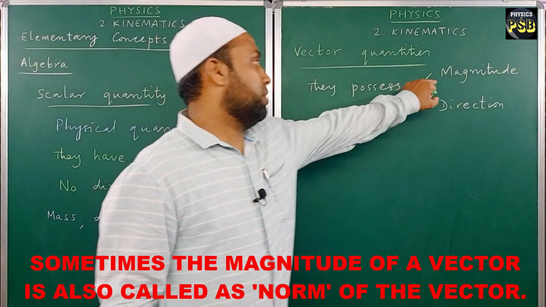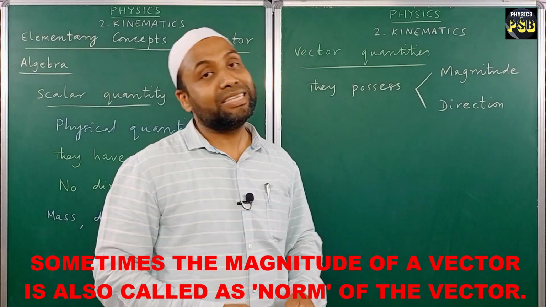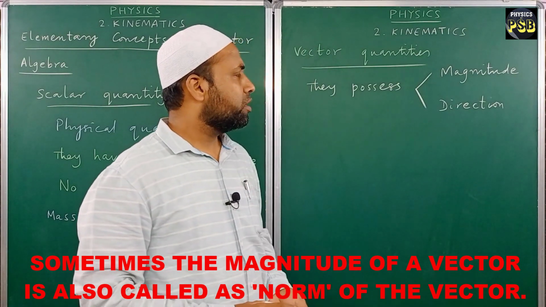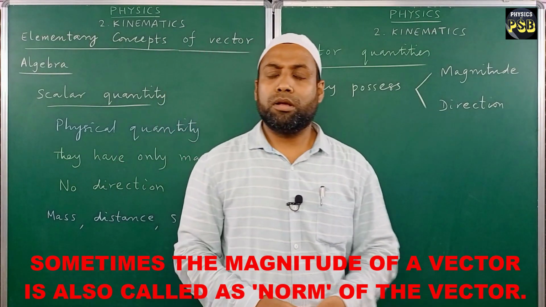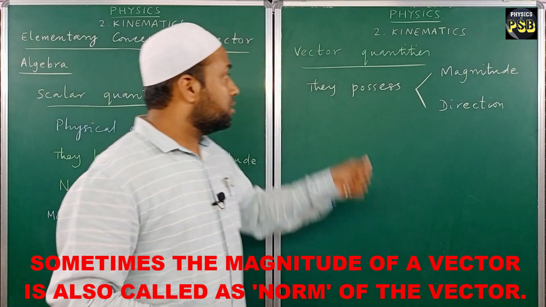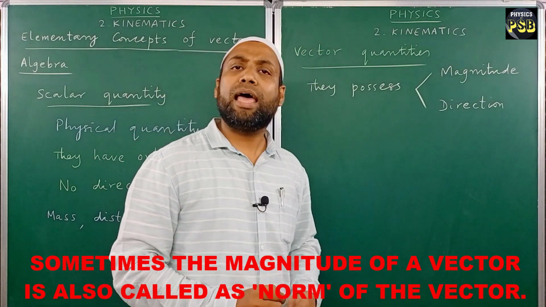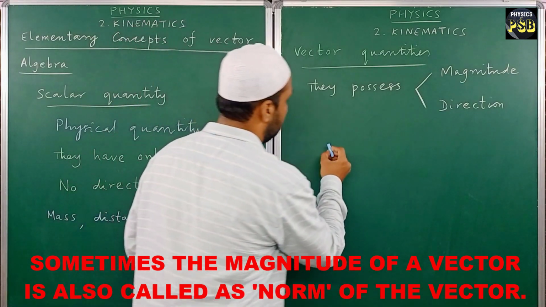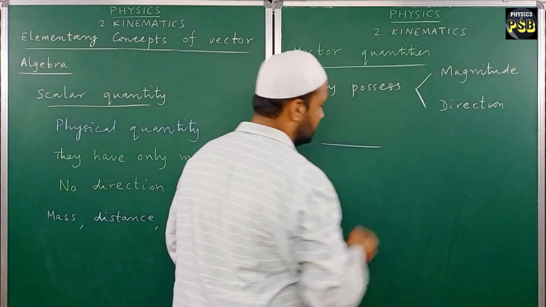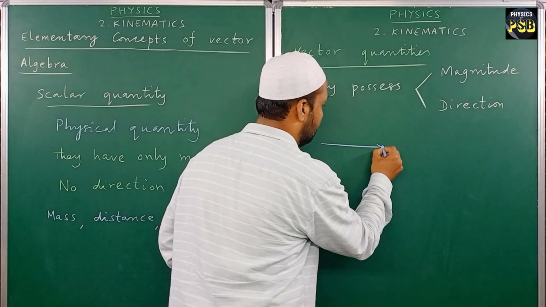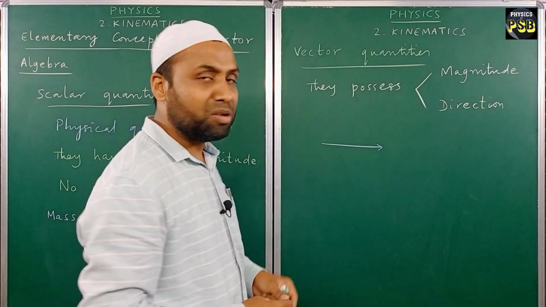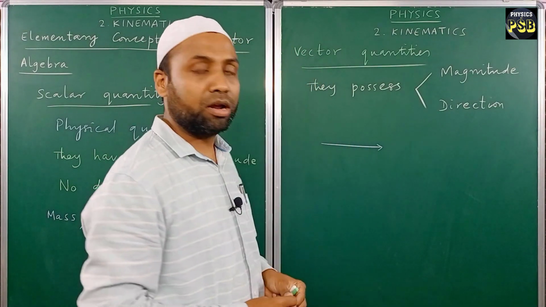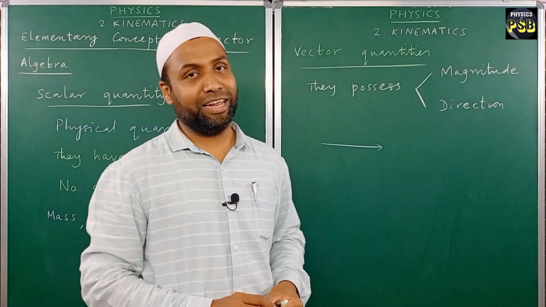Already I told you here magnitude represents the size, and geometrically we can represent a vector quantity with the help of a line with an arrow mark. So this line with an arrowhead represents a vector quantity geometrically.